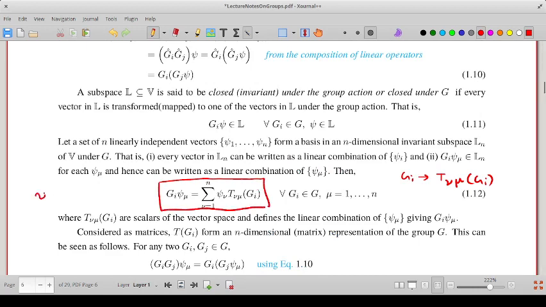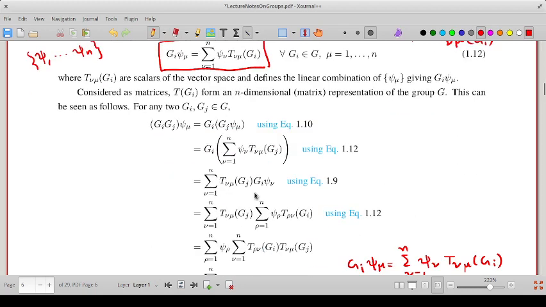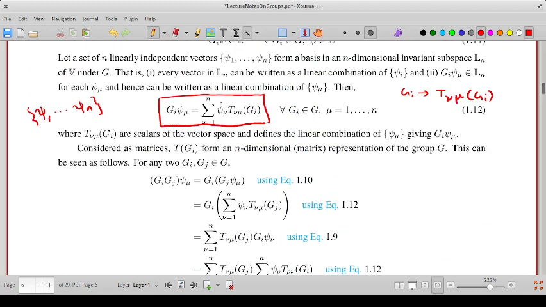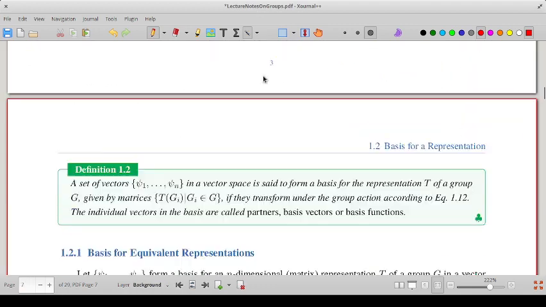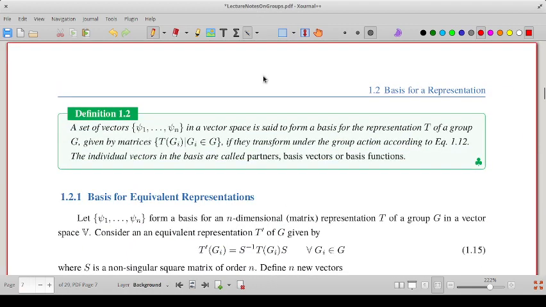Okay, so we have a set of vectors psi1, etc. up to psi n, and if under the group action they transform according to this rule, then they are said to be the basis vectors for the representation of the group given by these matrices T(Gi), one matrix for each group element. The individual vectors psi1, psi2, etc. are called the partners or the basis vectors or the basis functions.